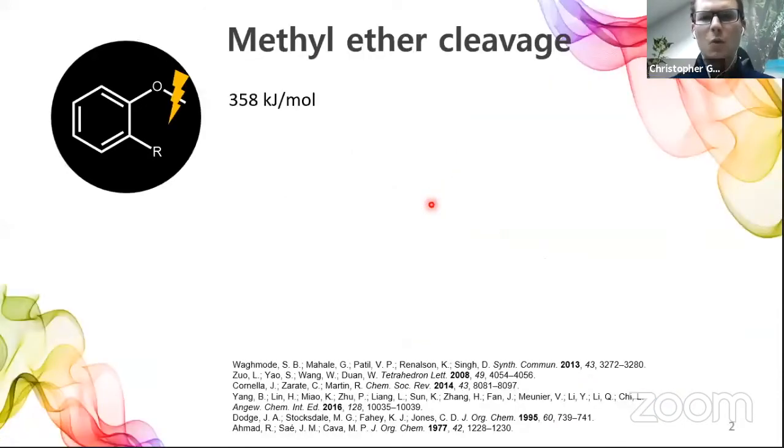So first of all, why do we need to cleave the methyl group from these methyl phenyl ethers? For the C-O bond, for example, we have a very high energy barrier, like 358 kilojoule per mole, to do this cleavage. And normally for the chemical demethylation, we have very harsh reaction conditions, which are also rather environmentally unfriendly.